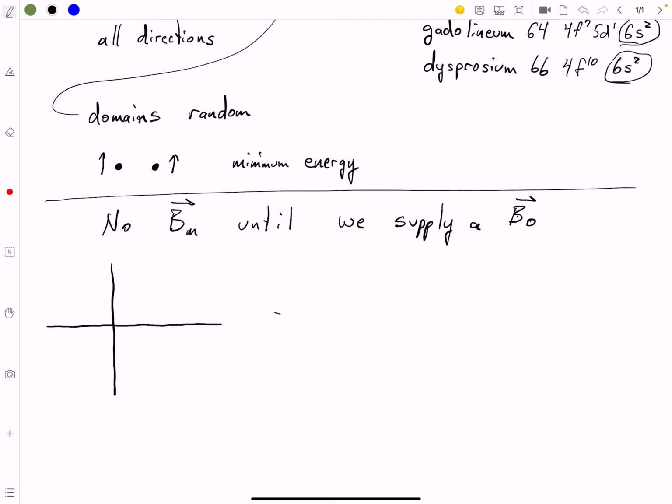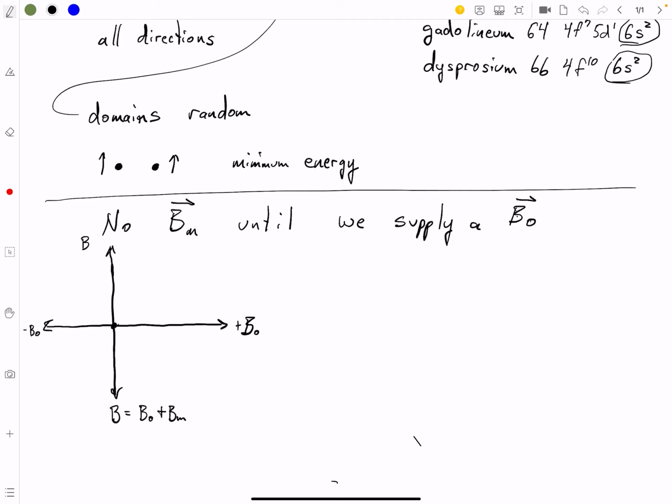We're just graphing. These aren't the actual vectors, okay? We're supplying B naught, and we're graphing it as this is positive B naught, this is negative B naught. We're going to graph up here our B, which is the net, okay, not BM, it's the net B. So B is equal to B naught plus BM.